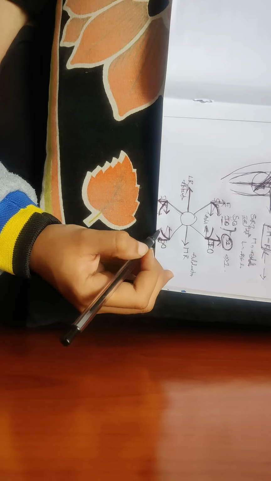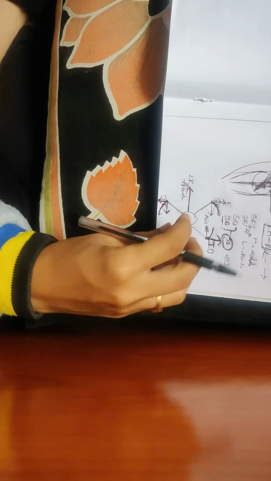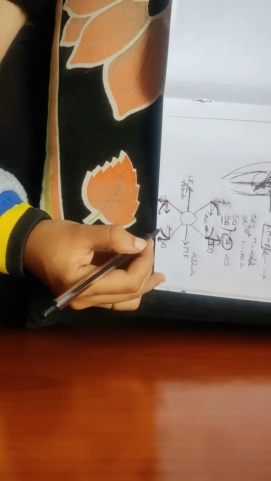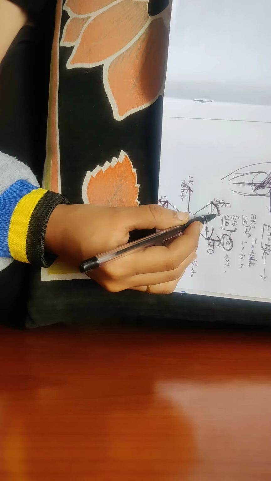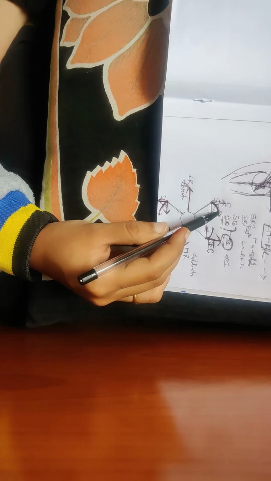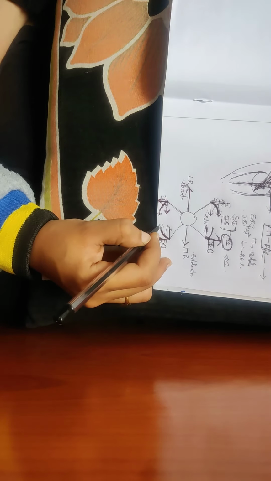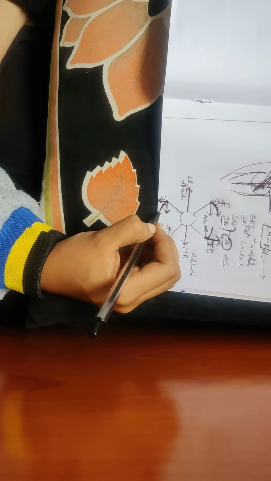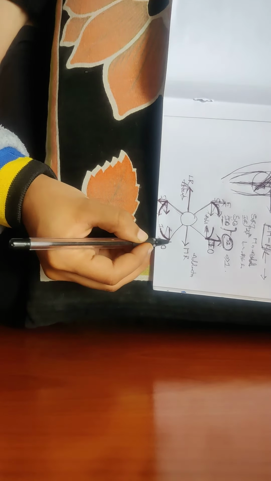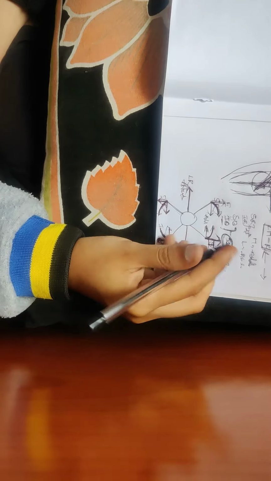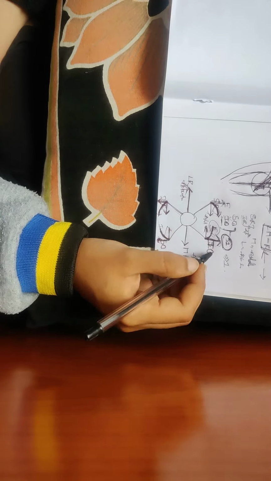And here the eyeball is rotating this way. It is similar to that of superior rectus. Superior rectus and superior oblique are the same, that is intorsion. And inferior oblique and inferior rectus, see the arrow mark this way, it is extorsion. So these are the movements.